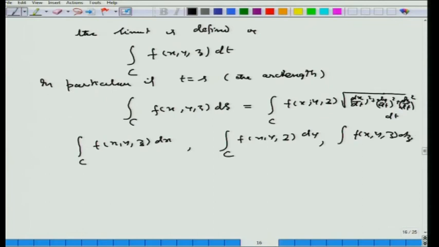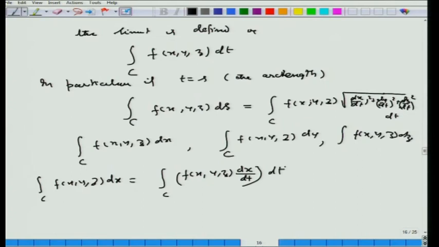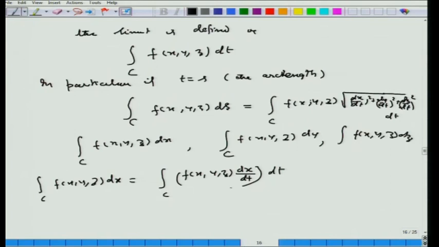These are actually particular cases of this, because f(x, y, z) dx can be written as f(x, y, z) dx/dt dt. Or in particular we can take s here. If we treat the parameter as the arc length, then we have everything as a function of s. If we take the general parametric representation where the parameter is t, then we have this. So these are nothing but particular cases.